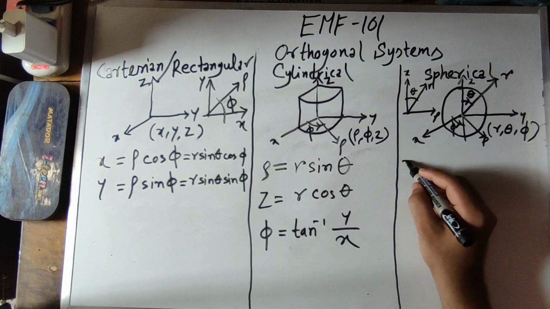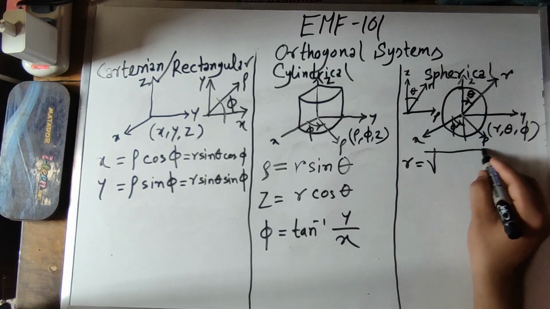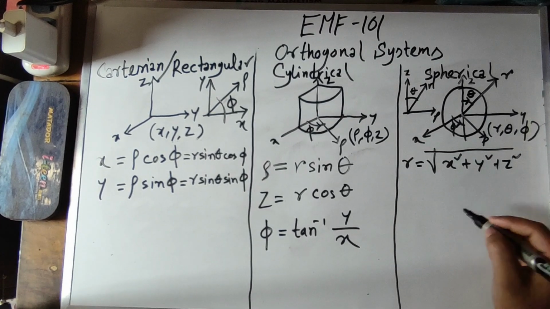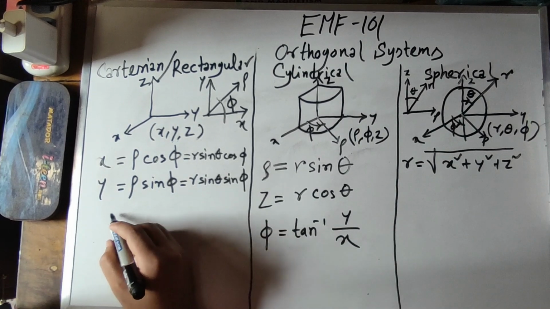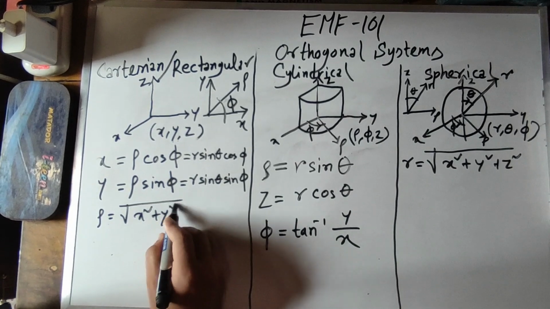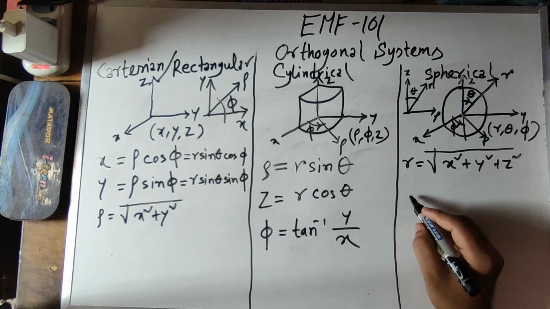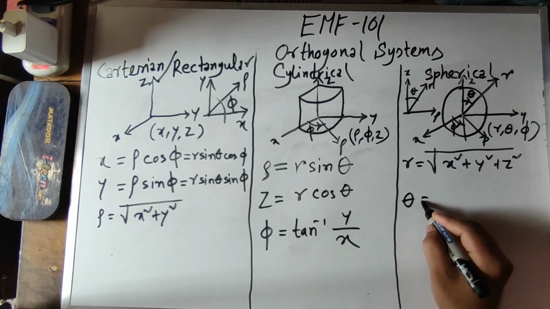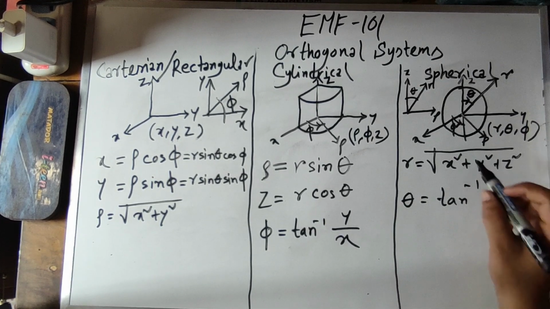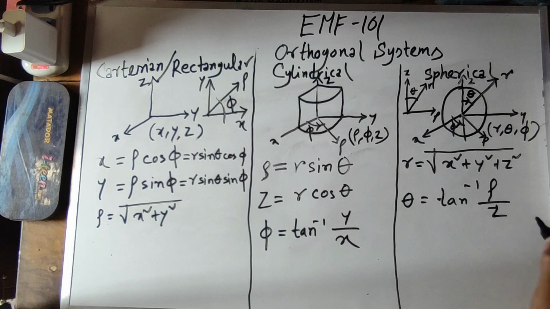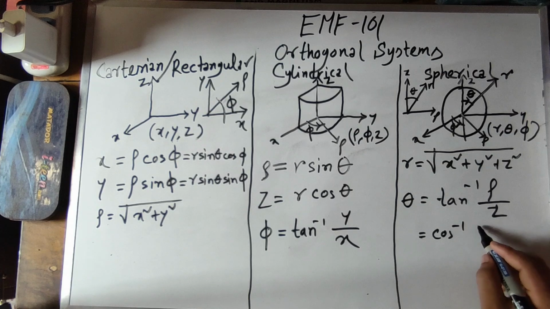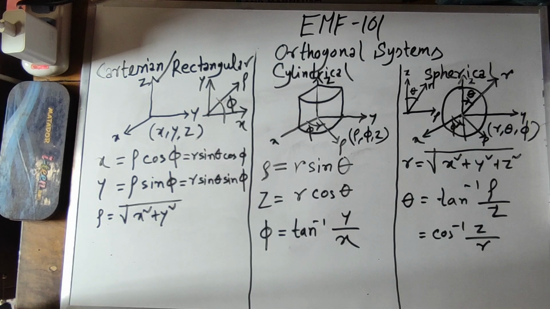And r is the square root of x square plus y square plus z square, and here rho can also be written as the square root of x square plus y square, and theta can be represented by tan inverse rho by z, or we can also write cos inverse z by r.